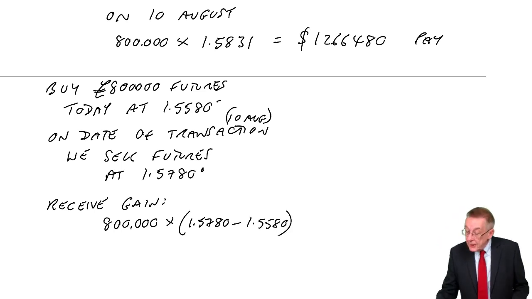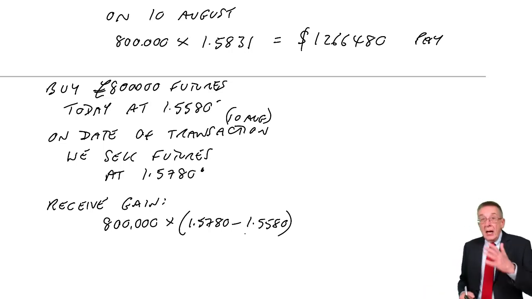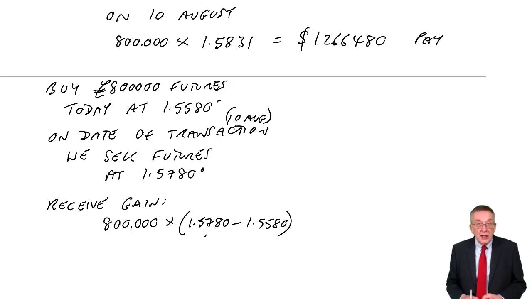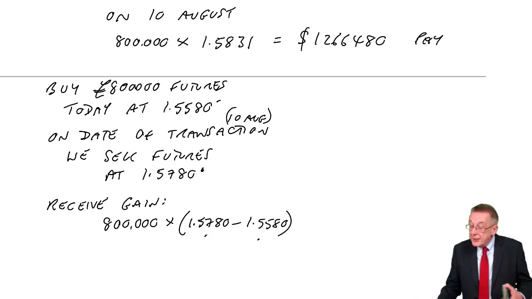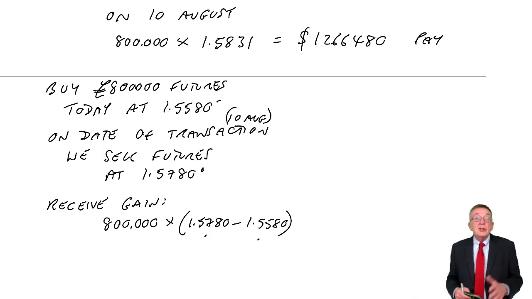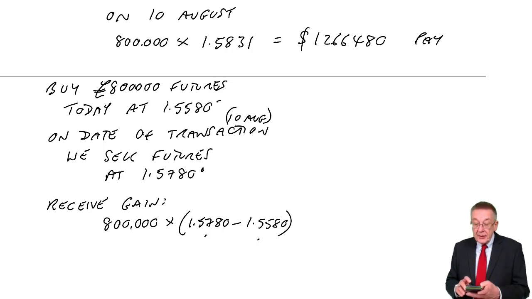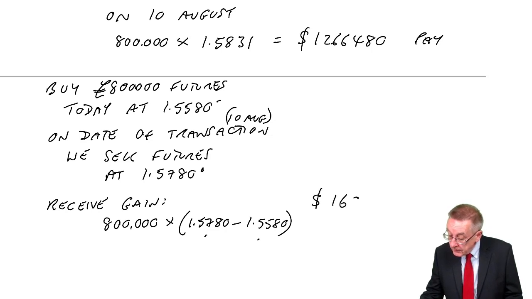The profit, of course, is 0.02 on every pound. Every pound, at $1.55, is now quoted at $1.57. And so we've made a profit of 2 cents on every pound. And £800,000, 2 cents per pound, we've got a profit of £16,000.